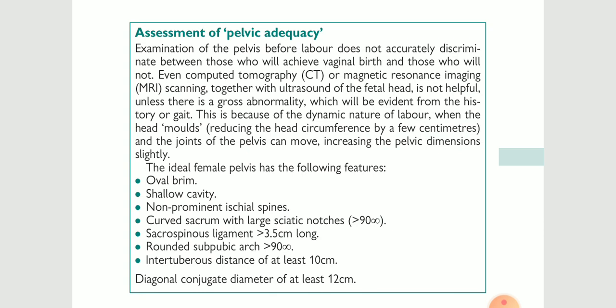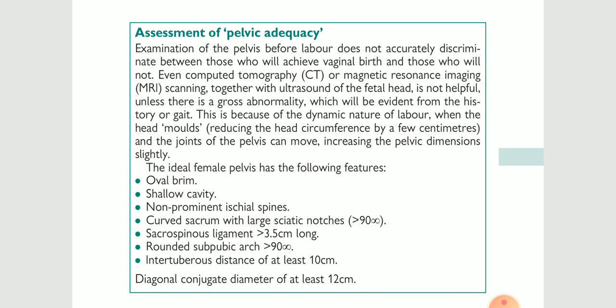This is because of the dynamic nature of labor. When the head molds, reducing the head circumference by a few centimeters, and the joints of the pelvis can move, increasing the pelvic dimensions slightly. This is a very important mechanism for the delivery.